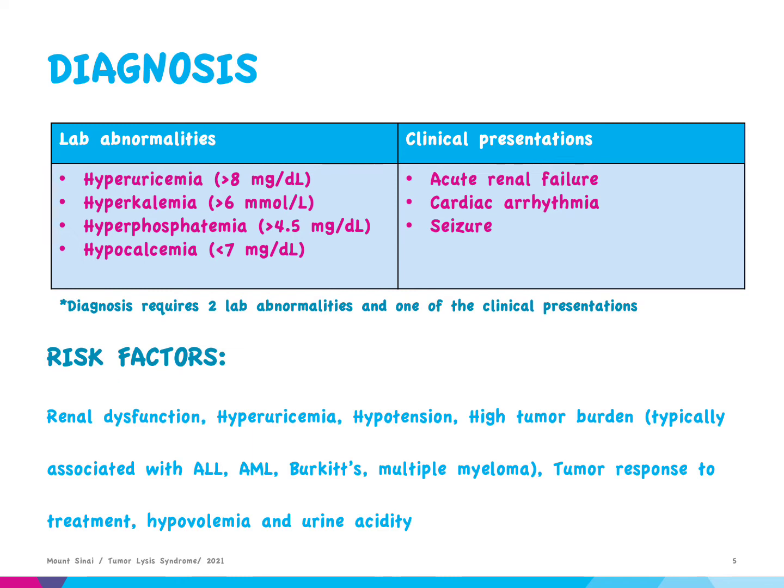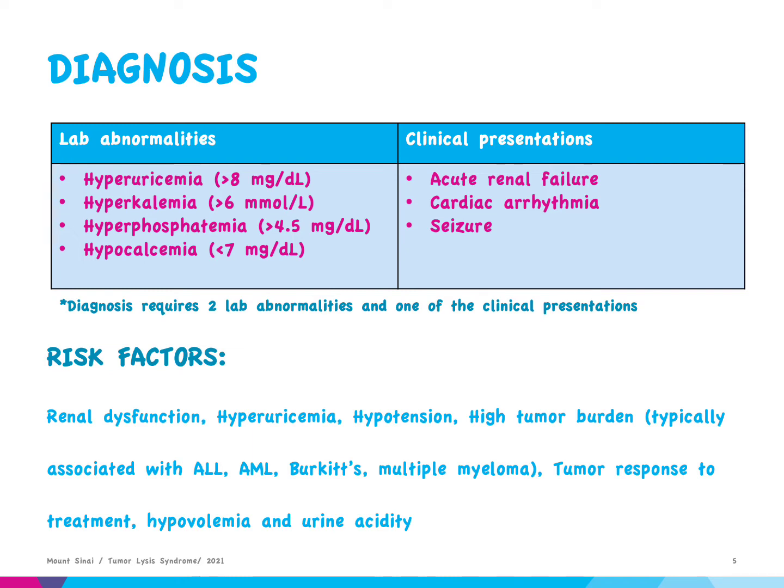The diagnosis requires two lab abnormalities and one of the clinical presentations. Of course, this has to be within a specific time frame of starting chemotherapy, usually 3 days before to 7 days after. You can also have spontaneous tumor lysis syndrome and other conditions, but we're not going to get too much into that right now.